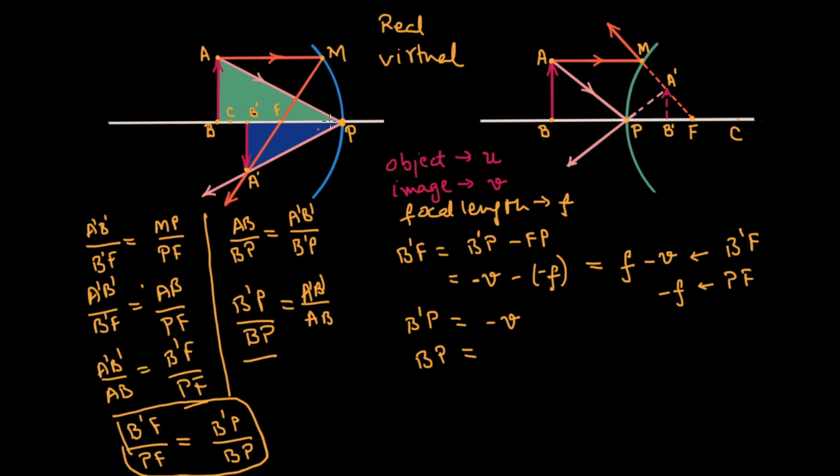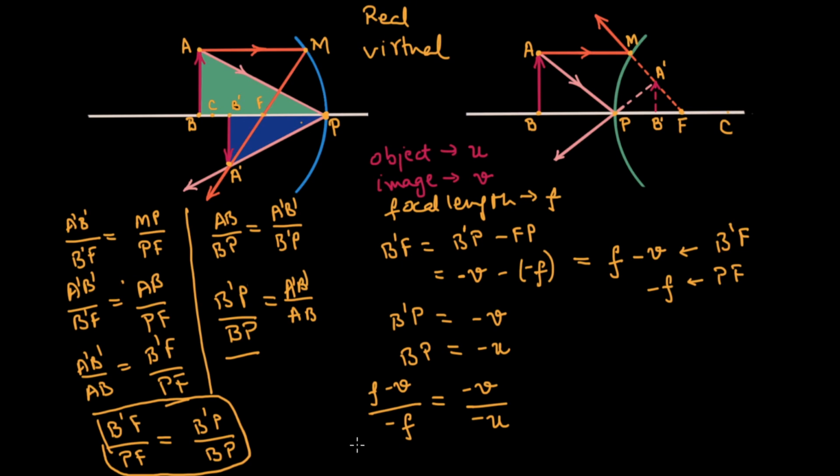BP is the object distance, and since it's off to the left of the pole, we write it as negative U. Now if we substitute all these quantities into the equation, B prime F, that is F minus V, divided by PF, that is minus F, equals B prime P, that is minus V, over BP, that is minus U.